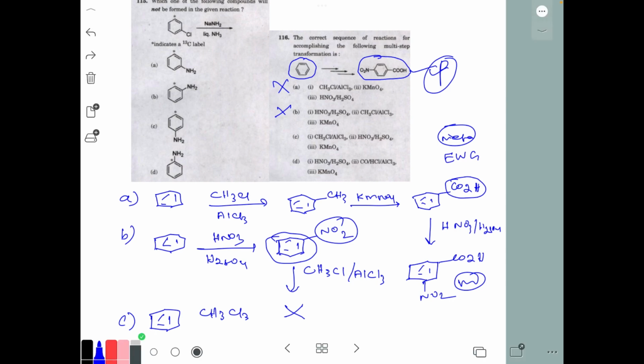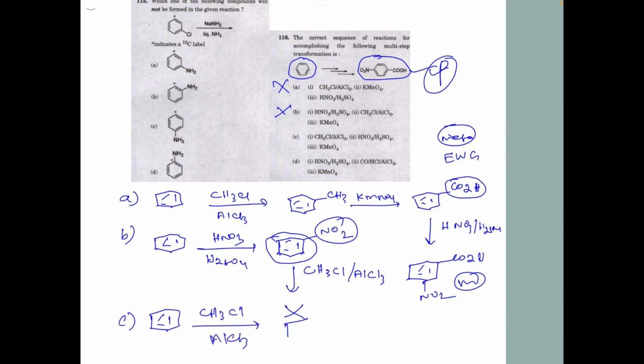Option C. If we do Friedel-Crafts alkylation with benzene in presence of aluminum chloride, we will have the corresponding toluene molecule. This methyl group is a moderately electron donating group, so it acts as an ortho and para directing group.